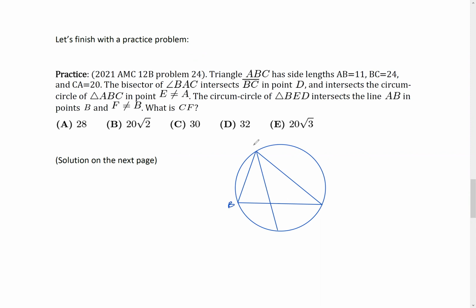B, A, C. This is 11. This is 24. AC is 20. The bisector of angle BAC cuts BC at D, and cuts the circumcircle at E.